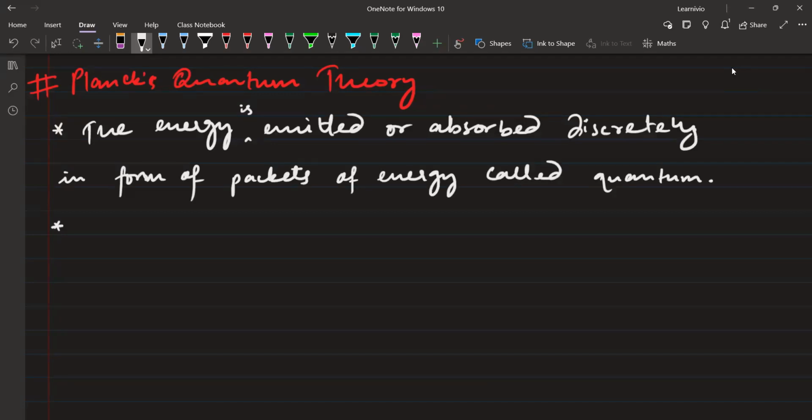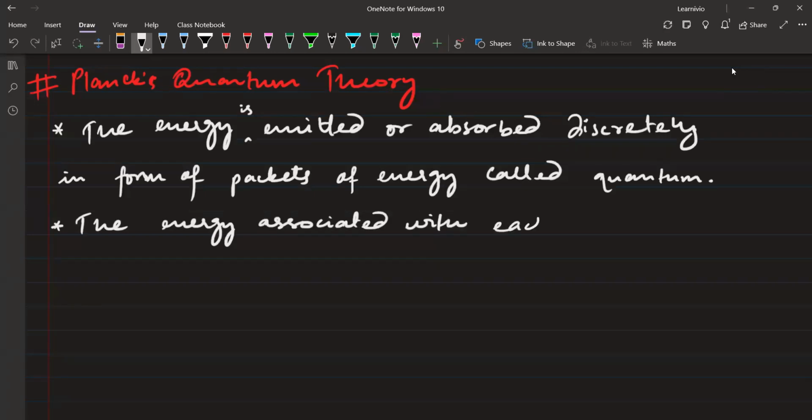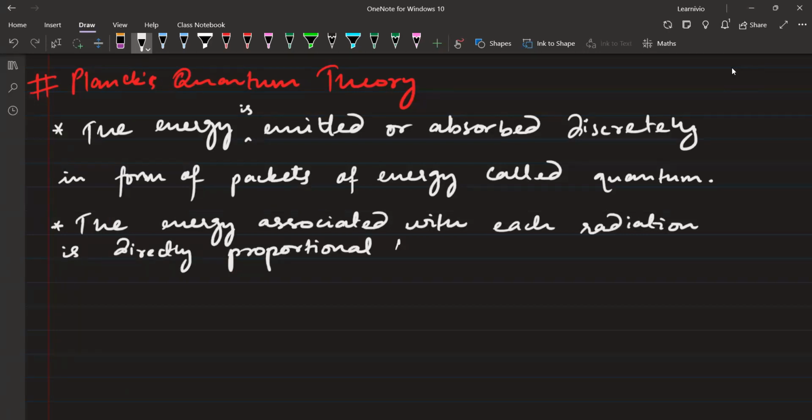Next thing, now this was theory basically, and the next thing is that the conclusion is from experiments. So please write, ऐसे लिखिएगा, the energy associated with each radiation is directly proportional to the frequency of wave.